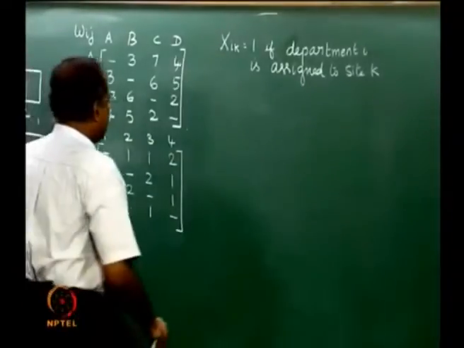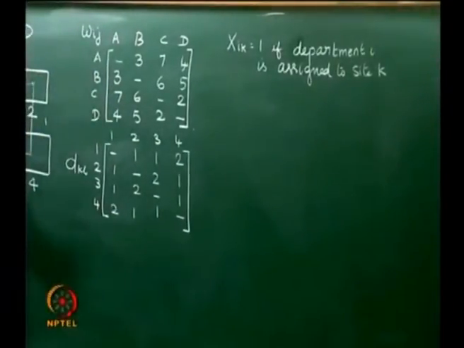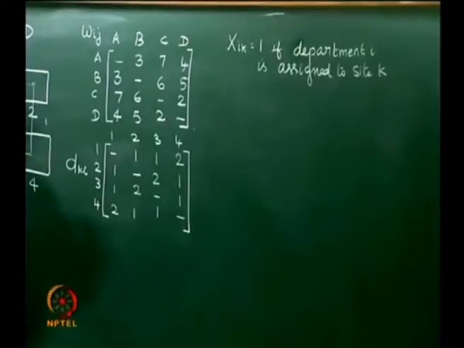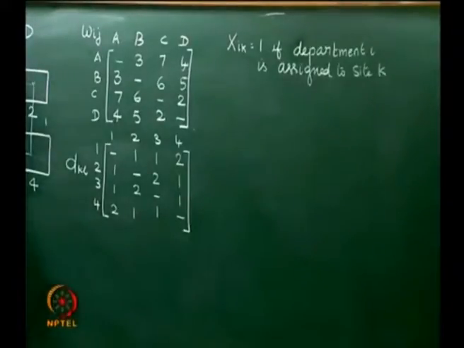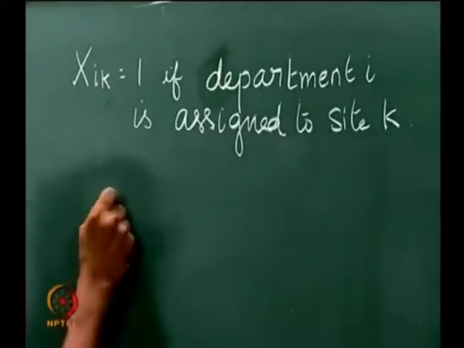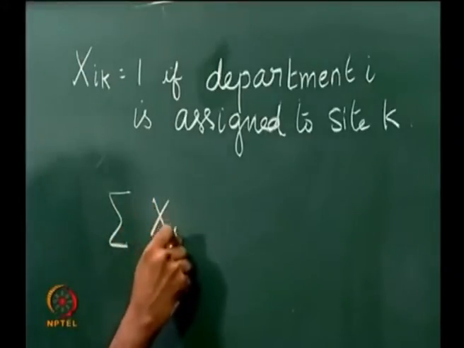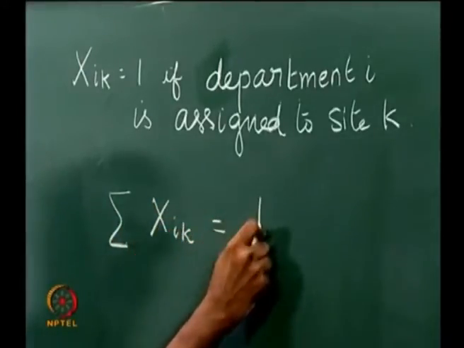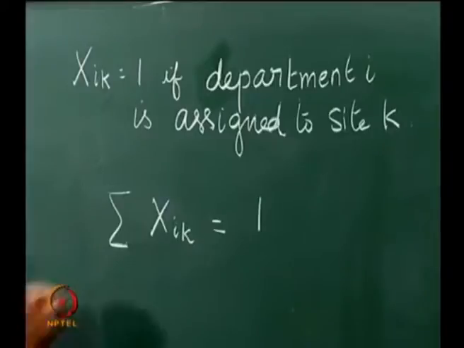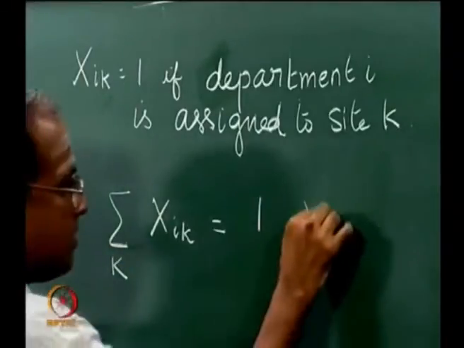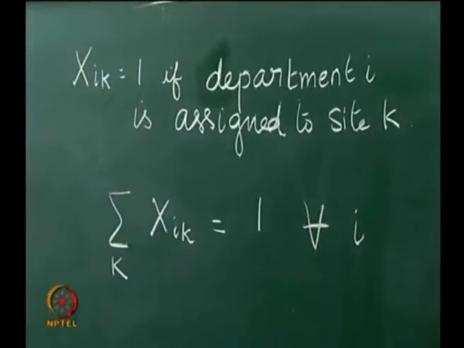Now, each department has to be assigned to only one site. We assume an equal number of departments and sites. So, sigma xik equal to 1, summed over all k for every department i. So, every department i goes to only one site.